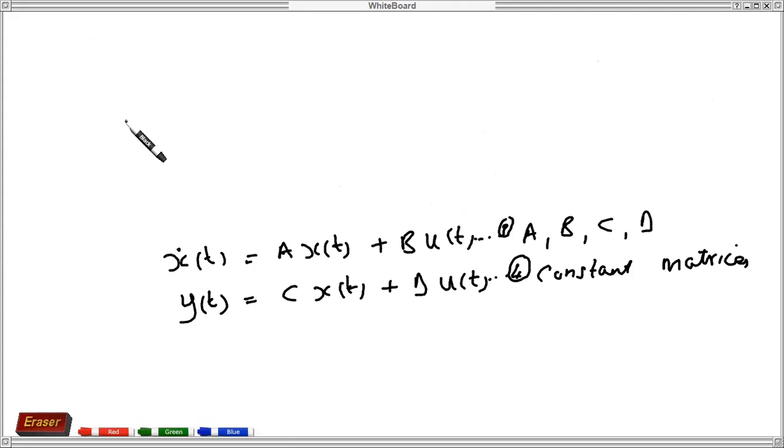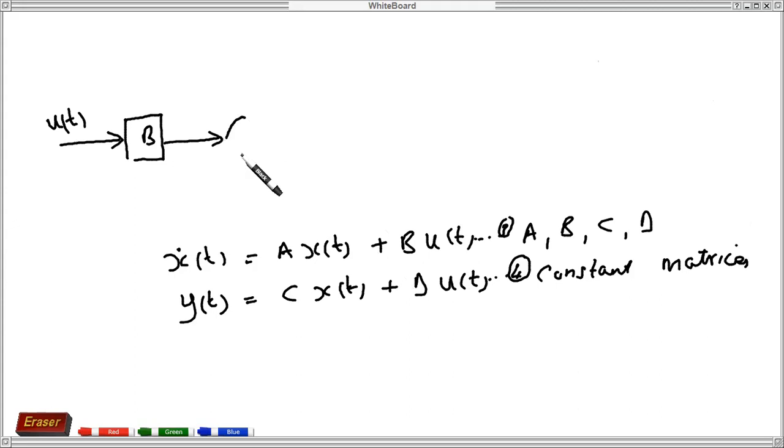The input u of t goes through a block B. From there, we have that being summed.